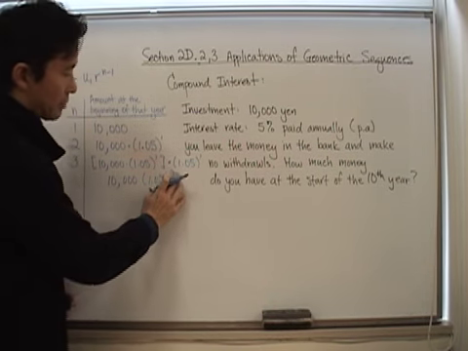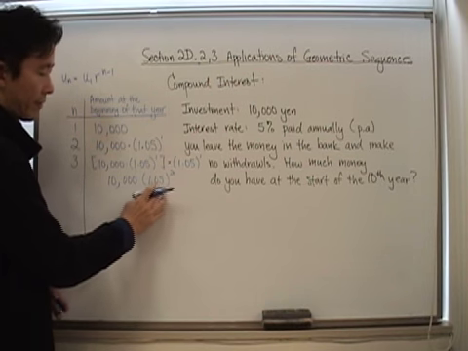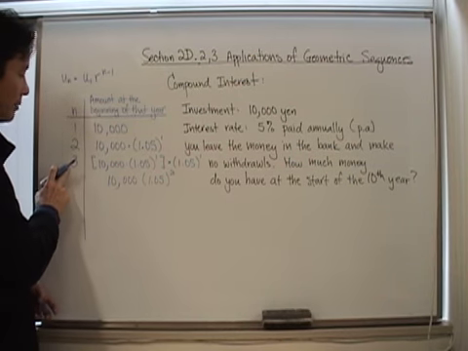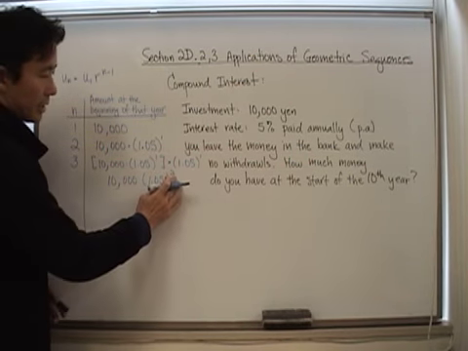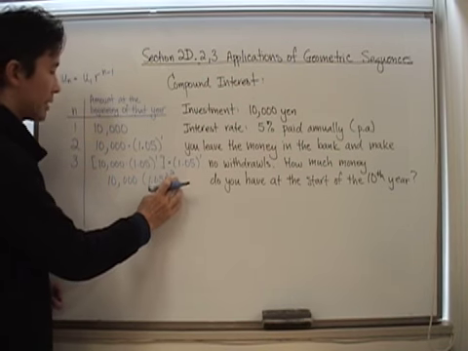The only thing that's changing is how many times we are multiplying 1.05 to 10,000. At the beginning of the third year, we're multiplying 1.05 to the second power, or multiplying it twice.